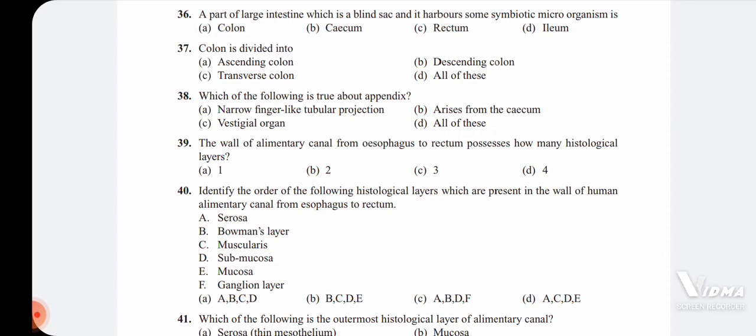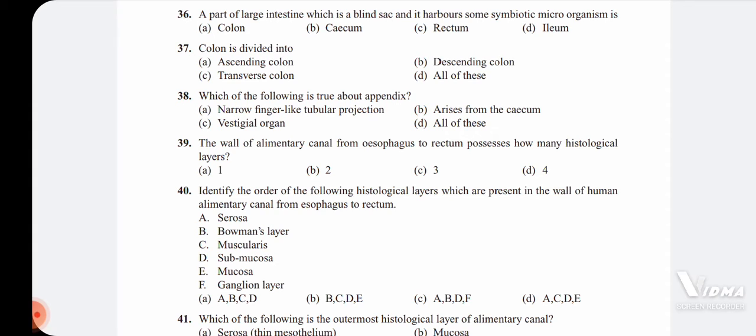That is the cecum, which is a part of the large intestine, also called the blind sac, and it has the symbiotic microorganisms. So for the 36th question, the answer is option B.